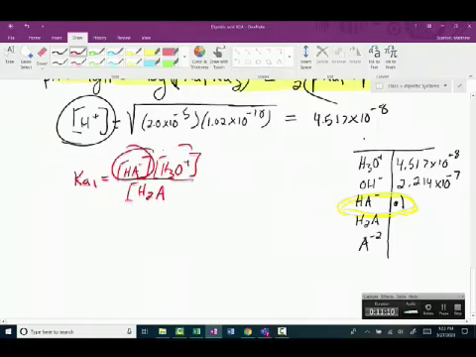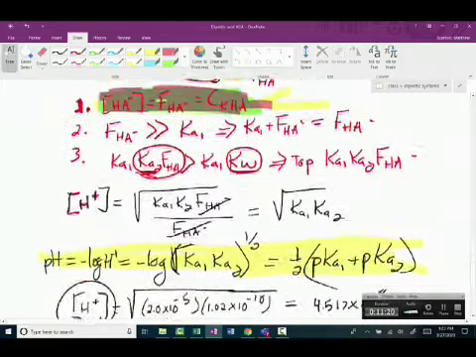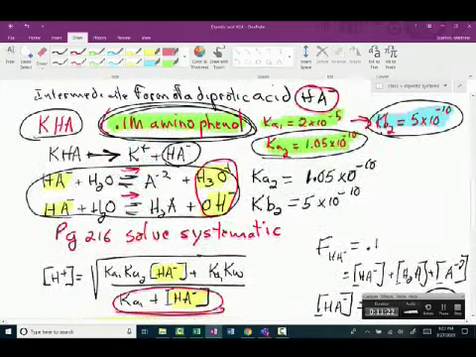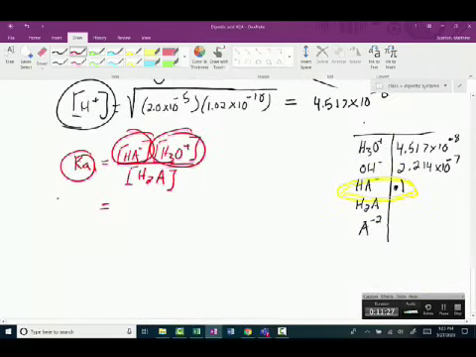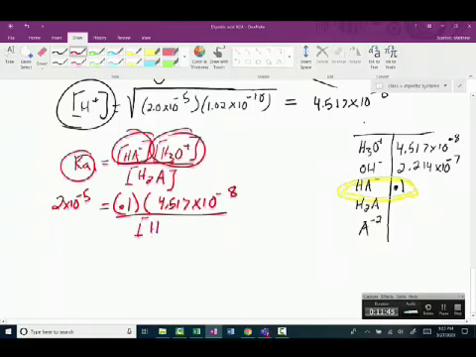We know this, we know this, we know this. And so I get Ka1, which is 2 times 10 to the minus 5th, equal to 0.1 times the concentration of H3O plus, which is 4.517 times 10 to the minus 8th, divided by the concentration of H2A.